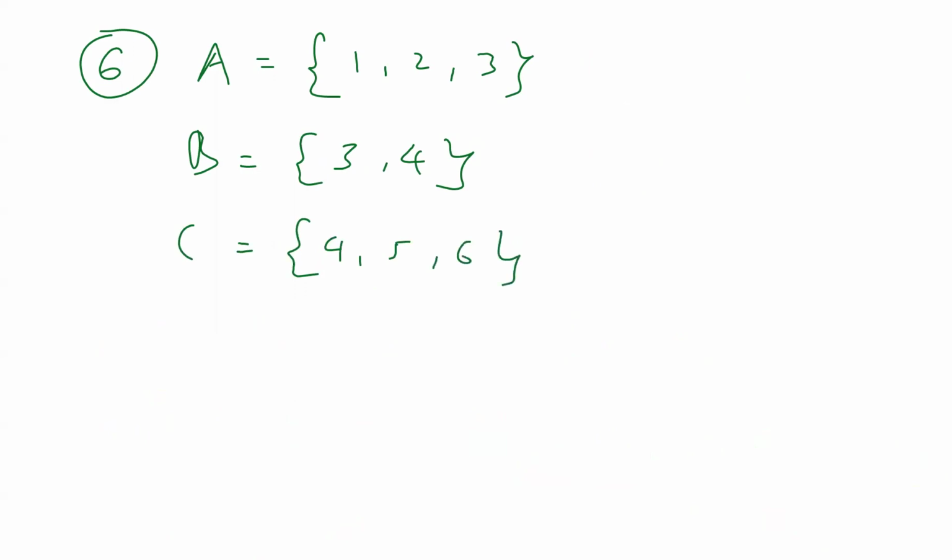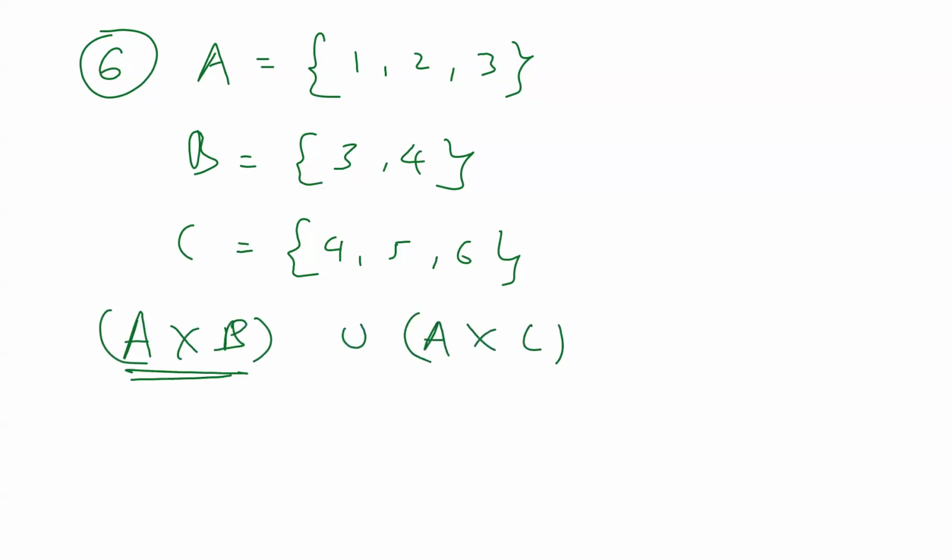What they're asking here is (A cross B) union (A cross C). I'll just list down what is A cross B on the next slide.